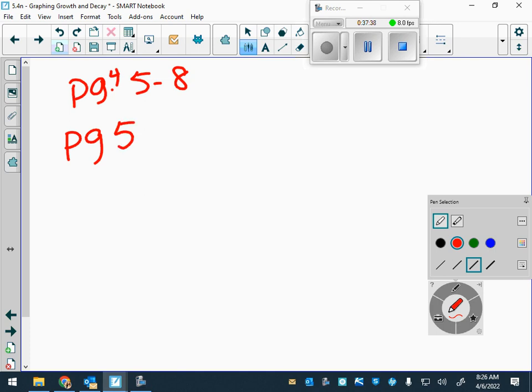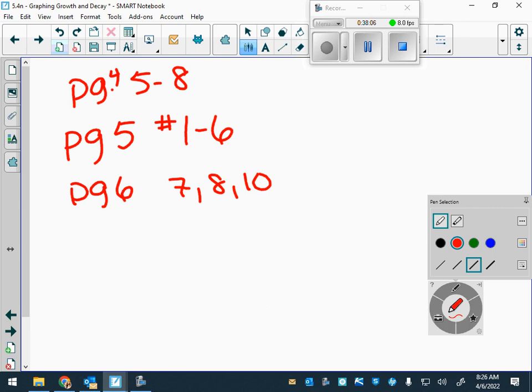Page 5, there's 1 through 6. Okay, so on page 4, numbers 5 through 8. Page 5, 1 through 6, page 6, 7, 8, and 10.